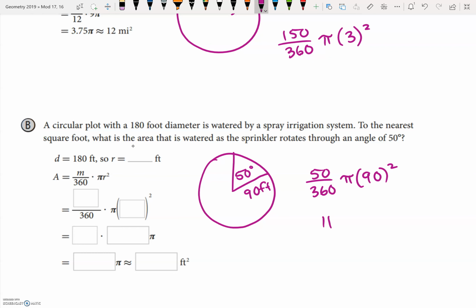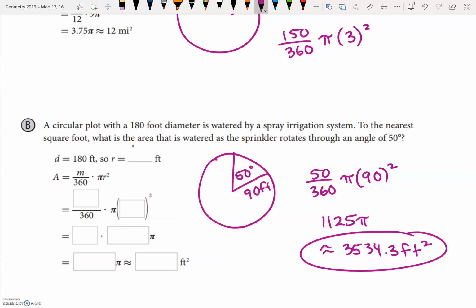So we got 1125 pi, or approximately 34.3 feet squared. Now, in this case, it doesn't make sense for us to leave this in terms of pi, because we want to talk about how much area is actually being watered by the sprinkler. This is going to make more sense as our answer than the 1125 pi.